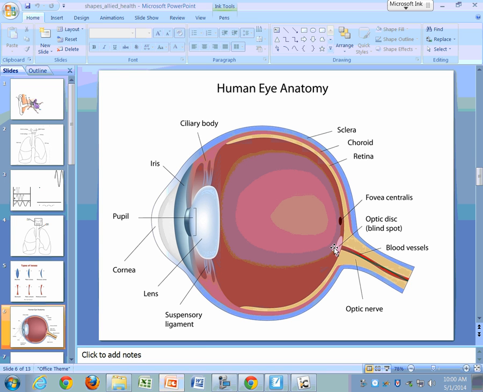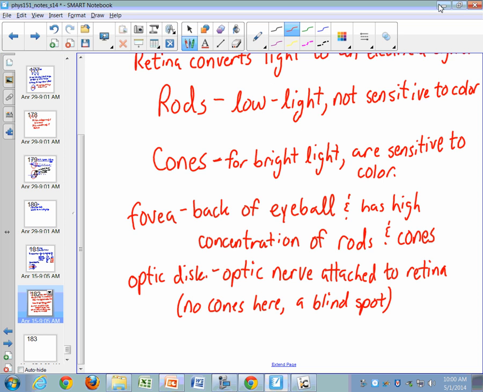This is the optic disc, and it's just where that nerve attaches to the retina and carries that electrical signal to the brain. And so there's no detectors there, and so you get this blind spot, but your brain actually fills it in. So even though you're not seeing a portion of it, it fills in sort of the rest of the image. It's a small portion of your retina, mind you, but it interpolates between what's not there and what is there, so that it doesn't look like a blind spot.